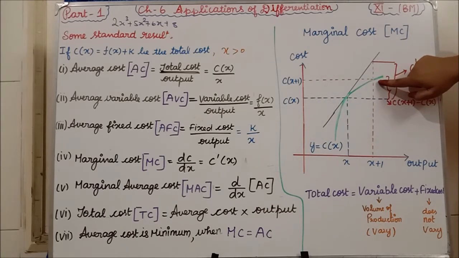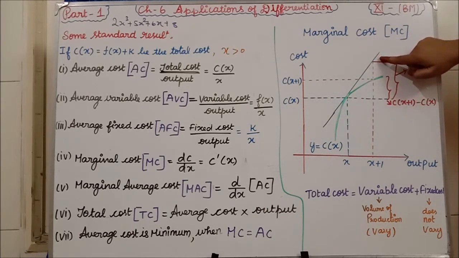If you see, this line is meeting beyond the tangent line. So this place is called C dash of x, where this C dash of x is called the marginal cost. Clear?